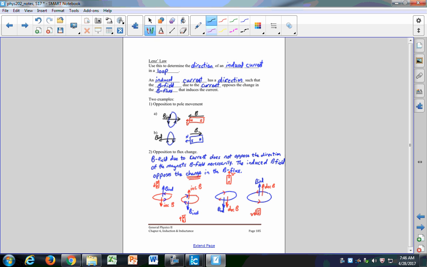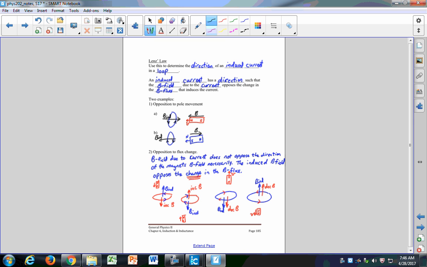Because I'm moving it towards the coil of wire, that's causing the magnetic field here to increase. Not the induced magnetic field, but the magnetic field due to the magnet. As it gets closer, it gets stronger.